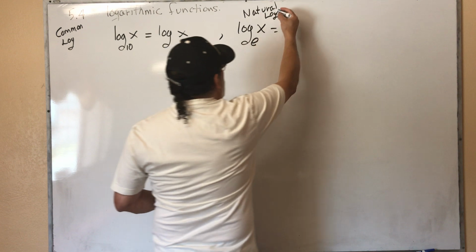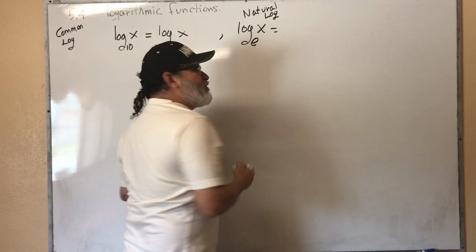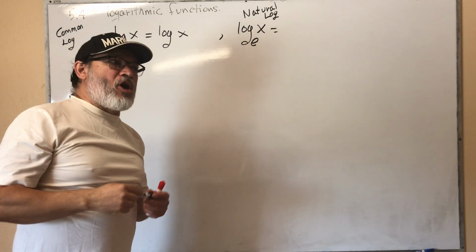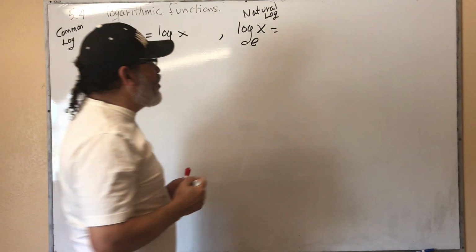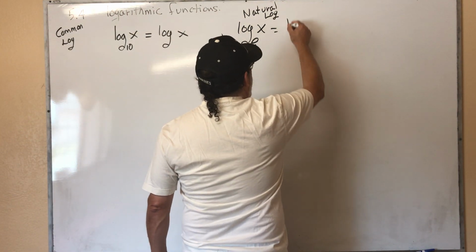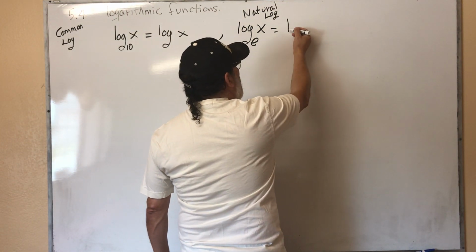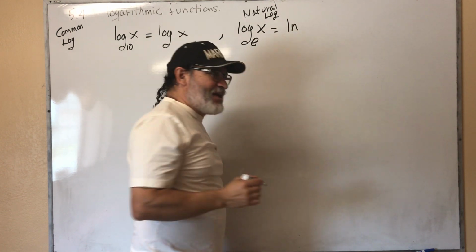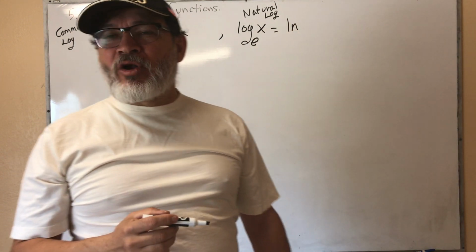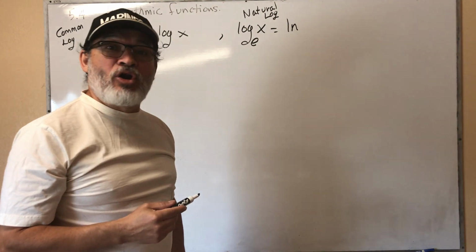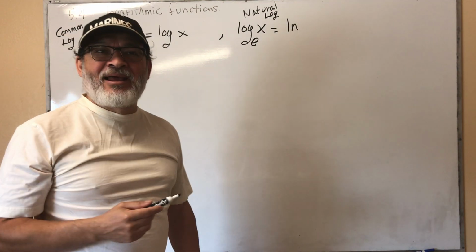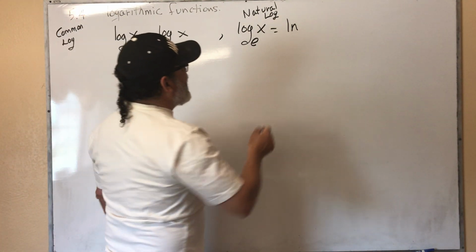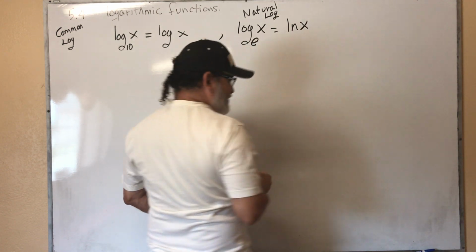Okay? When the base is e, we call it the natural log. So this is ln, or log naturel. It's a French word, log naturel. Okay, ln is natural, ln x.